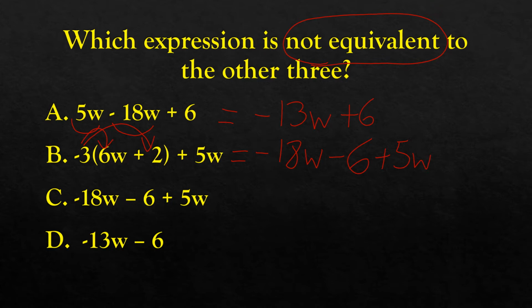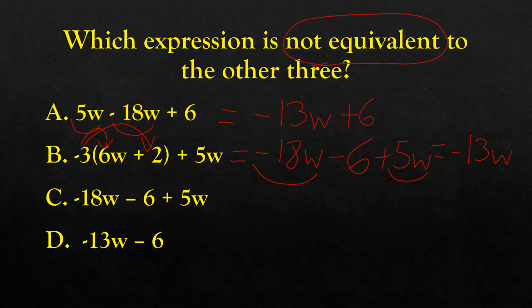Are we done? Not at all. We can still combine like terms. We have a negative 18W and a 5W. Negative 18 plus 5 gives us negative 13W, and what's left?